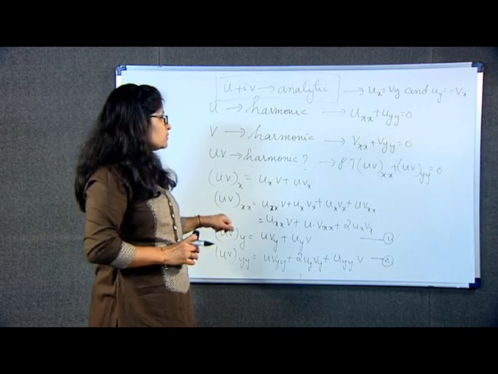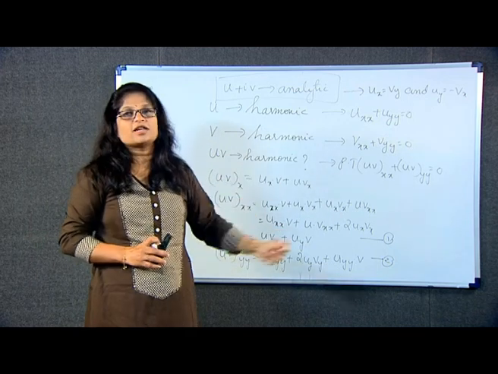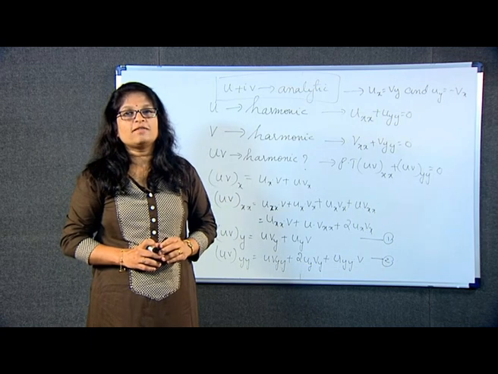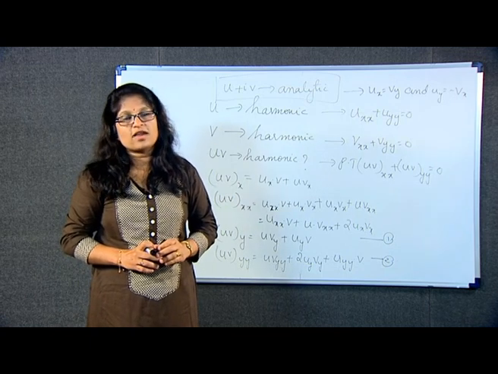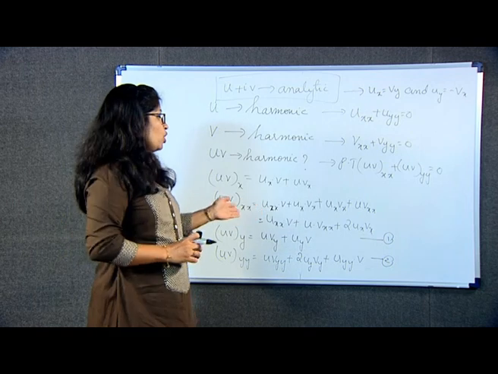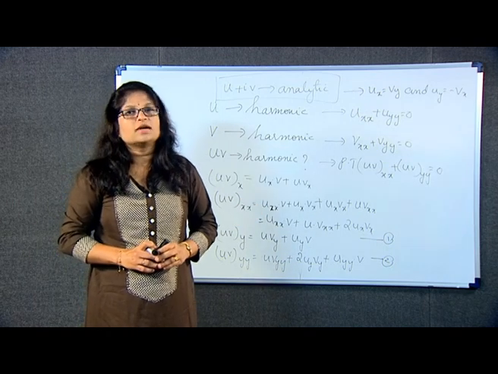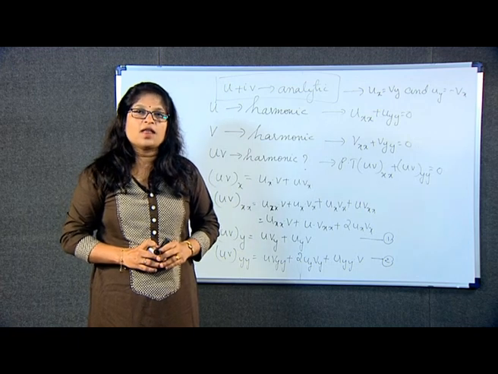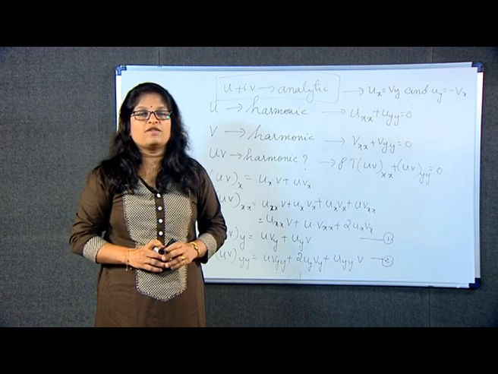You can easily see that the partial derivatives are continuous. Why? Because u and v are harmonic functions, so all the first and second order derivatives of u and v are continuous. So, for uv also it has to be continuous. Whenever u and v are harmonic conjugates to each other, then the product is also a harmonic function.